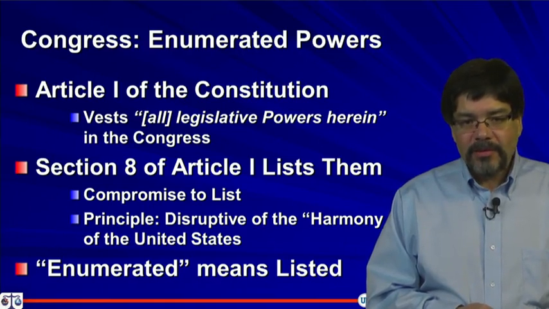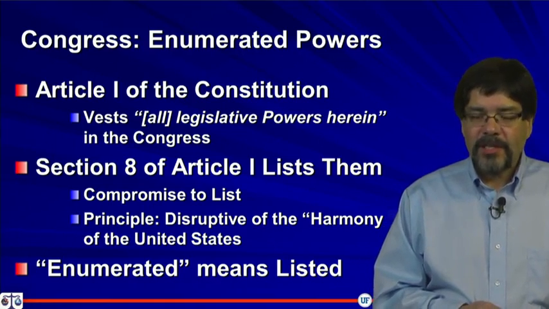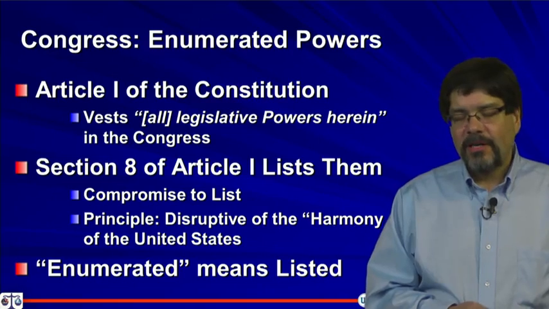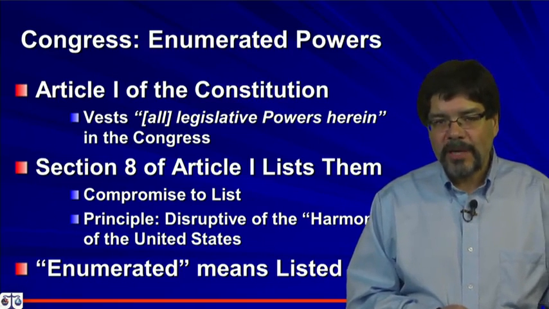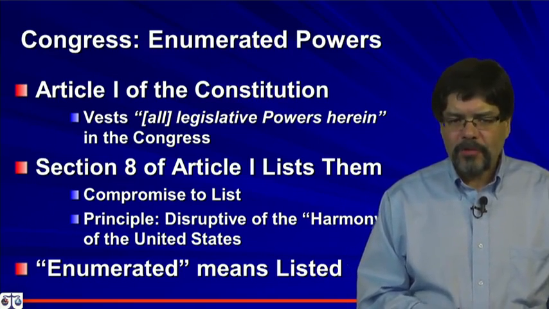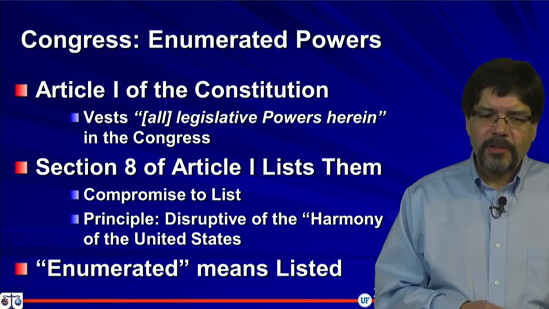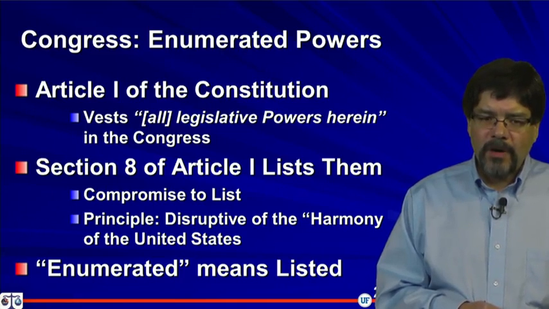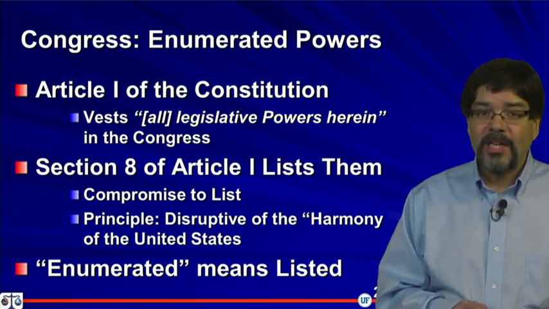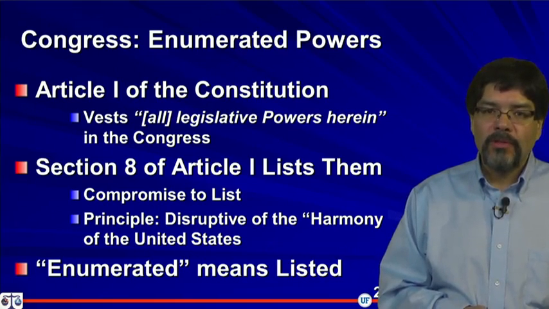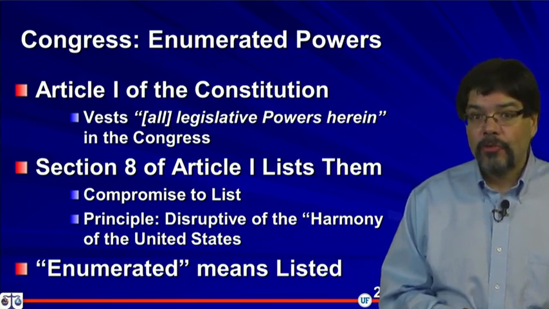And Article 1 starts by vesting that legislative power in the United States Congress, and Section 8 articulates the enumerated powers given to it. This was a compromise at the Constitutional Convention, and the basic principle is that anything that might be disruptive of the harmony of the United States as a single nation had to be reserved for the legislative power of our national government.